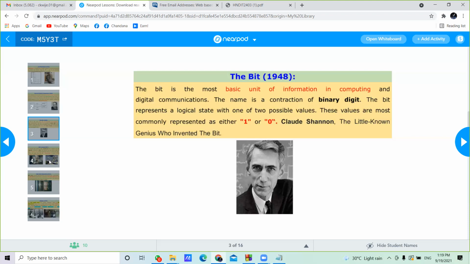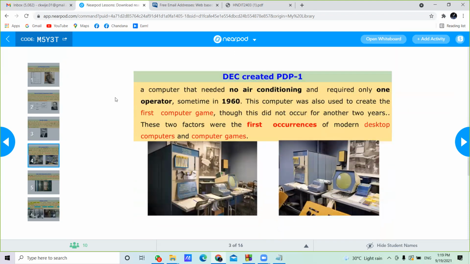And then another important milestone, look at the slide here: DEC created the PDP-1. DEC was a major computing manufacturer at that time. They introduced a computer called the PDP-1. Actually, that was the first computer that worked with no air conditioning.